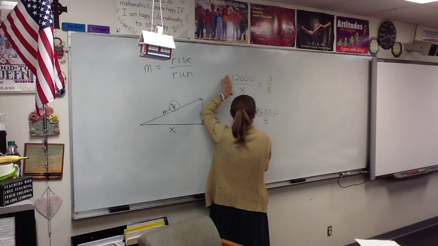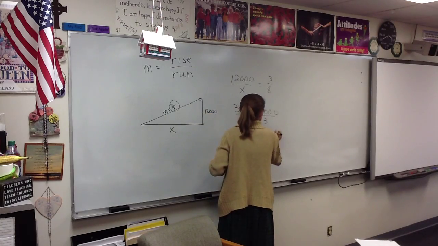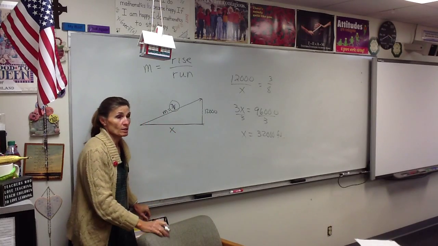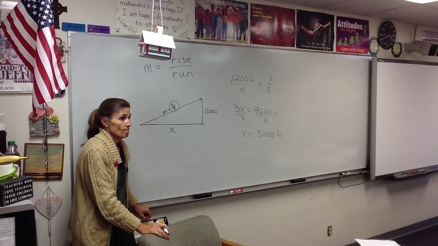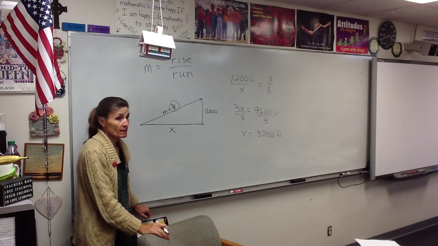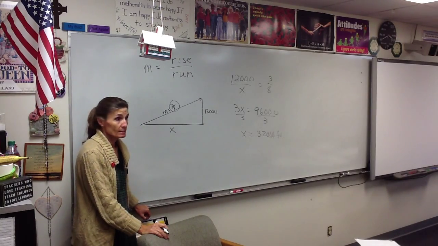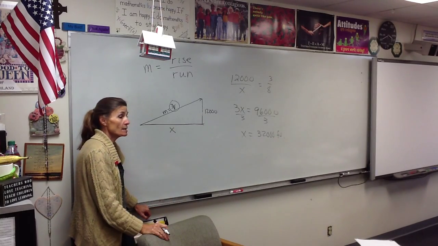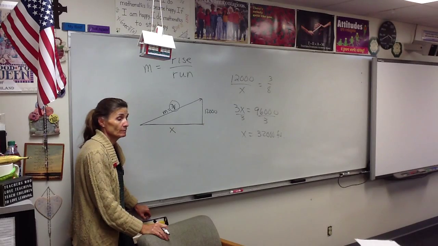Dividing by 3, x equals 32,000 feet. Now that's one strategy. If that one makes sense to everybody, we won't talk about any others. Does that make sense to you? Rise over run is another way to think about slope.